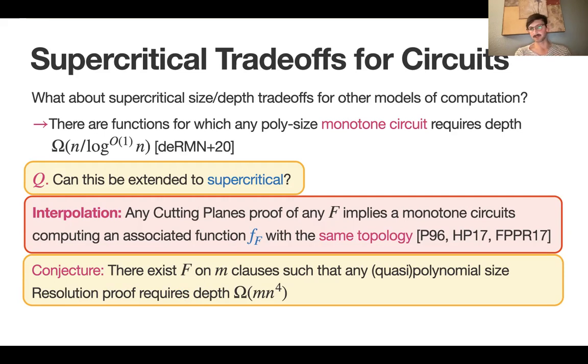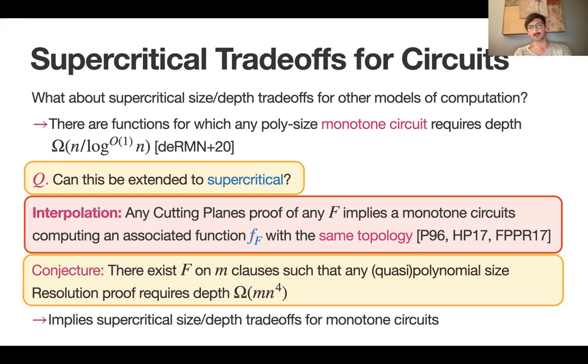This quantity just comes from the lifting theorems. So we show that if this conjecture holds, then this implies supercritical size depth trade-offs for monotone circuits.